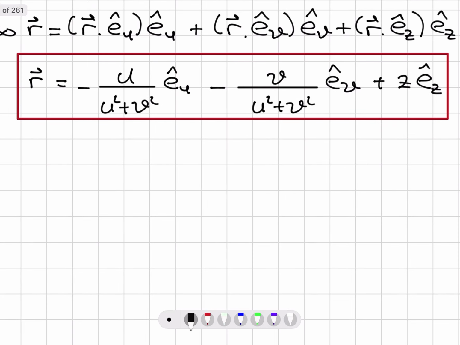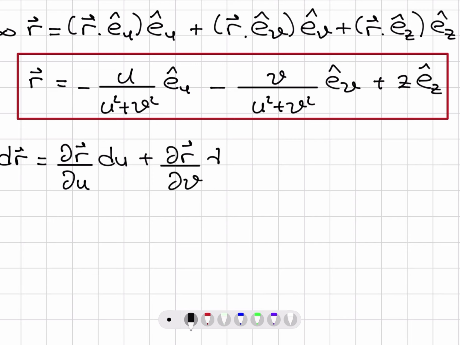Now the displacement vector dr is the partial derivative of r with respect to u du plus the partial derivative of the position vector with respect to v dv plus the partial derivative of r with respect to z dz.